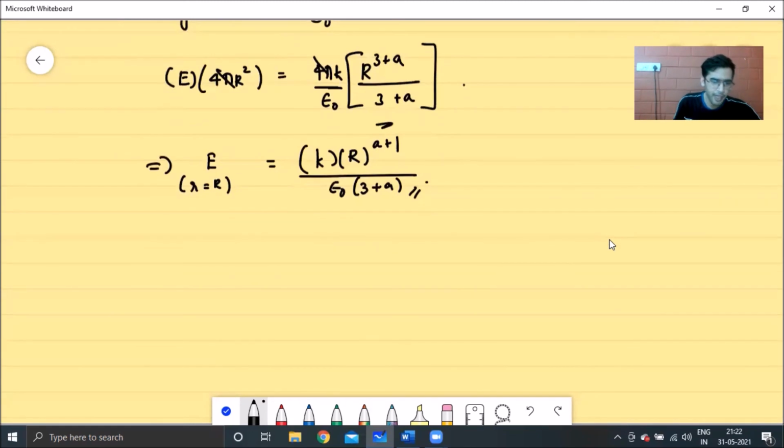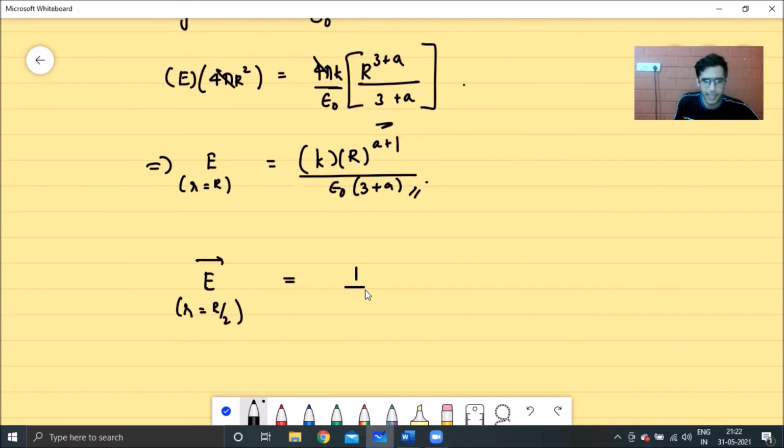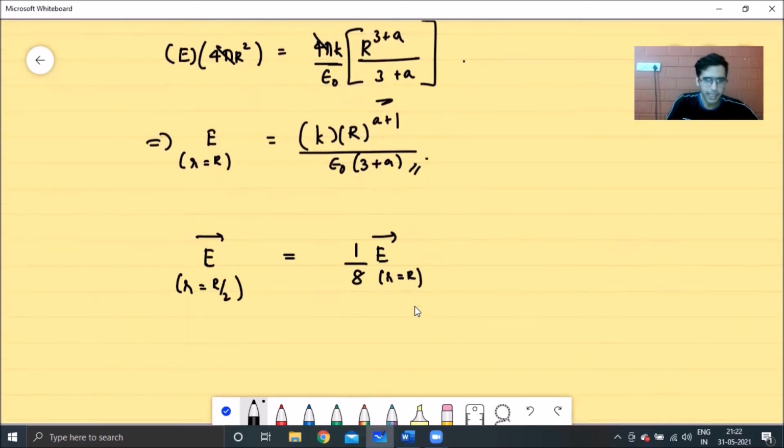And now we'll make use of a condition that electric field at r is equal to r by 2 is 1 by 8 times the electric field at r is equal to r. And from this, hopefully, we'll get what the value of a will be equal to.